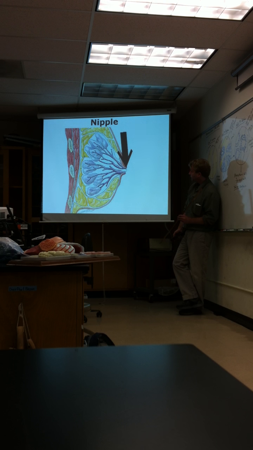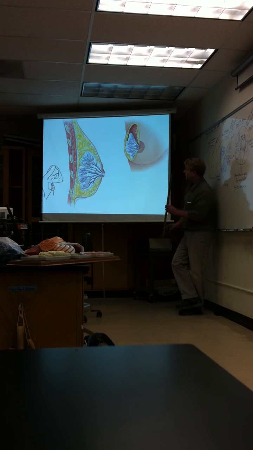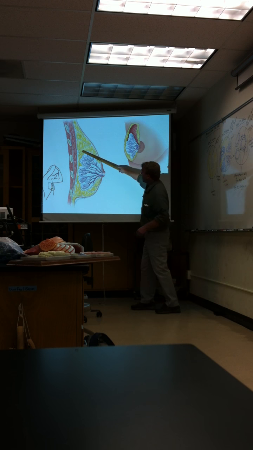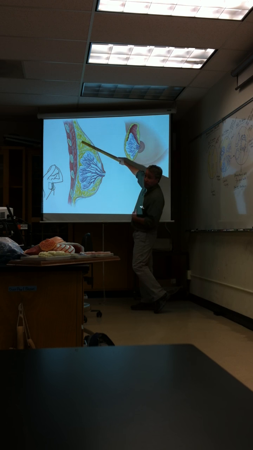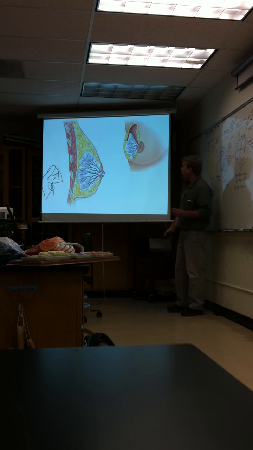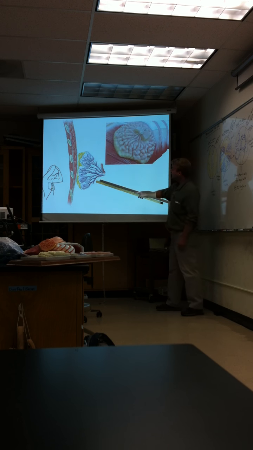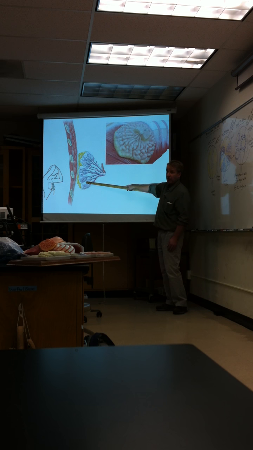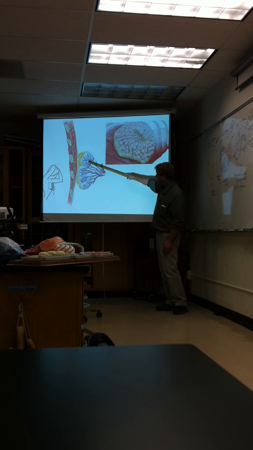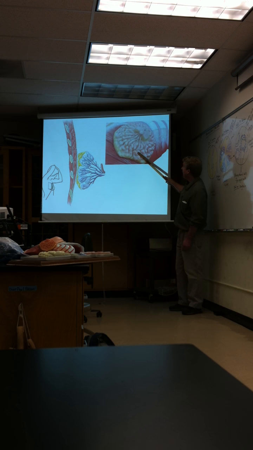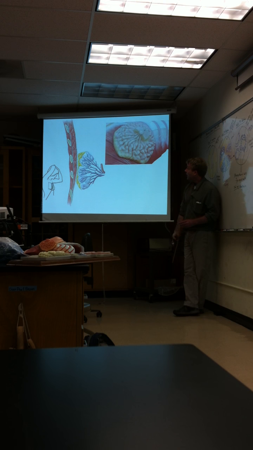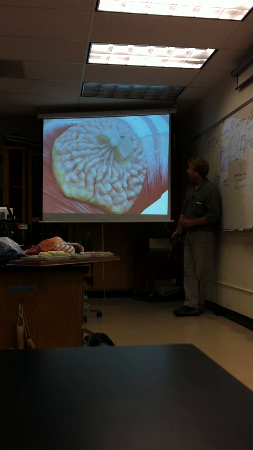Now if we were to take the book's picture and remove this connective tissue stroma, which would be dense connective tissue and could also be some adipose tissue, then we can see just the mammary gland part. This view from the book is what we have in our model. We're looking right here at the mammary gland, and we can go through what is on the list.